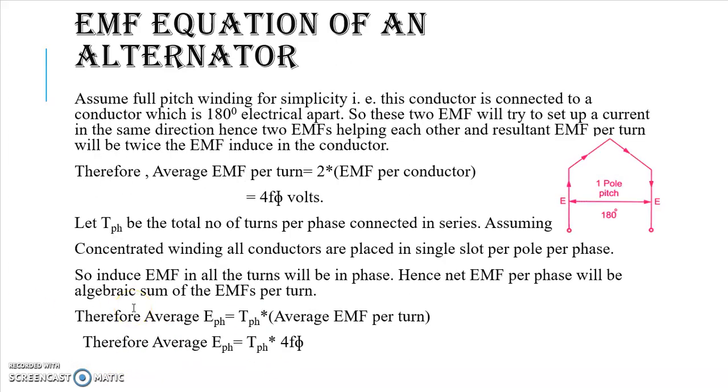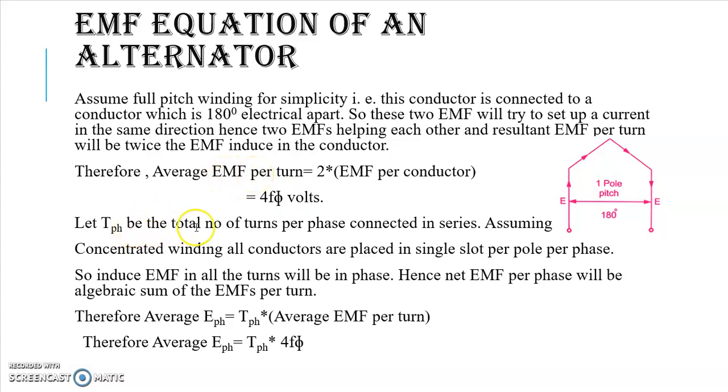Now in one turn we have two conductors. So the average EMF per turn is equal to 2 into the EMF per conductor. What is the EMF per conductor? It is 2F phi, multiplied by this 2. So the average EMF per turn we have got is 4F phi volts. Now this is the value of EMF for one turn.